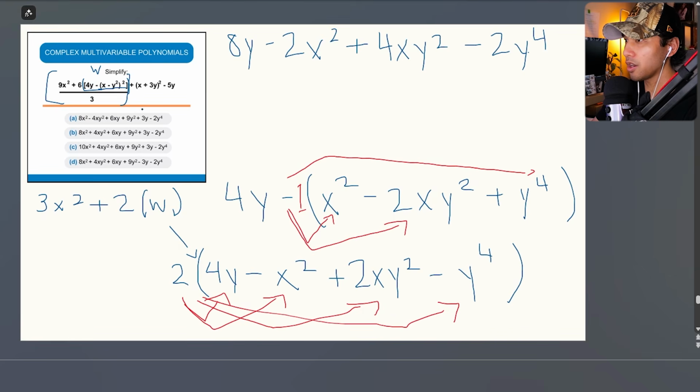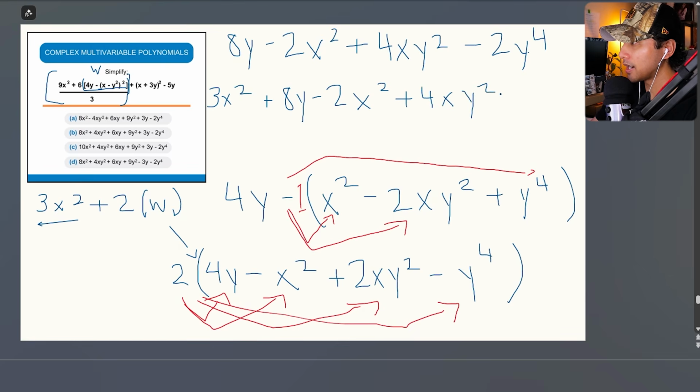All right, so we could rewrite this whole segment that I bracketed as such. 3x squared, and this 3x squared is from here. And then plus 8y minus 2x squared plus 4xy squared minus 2y to the 4th.